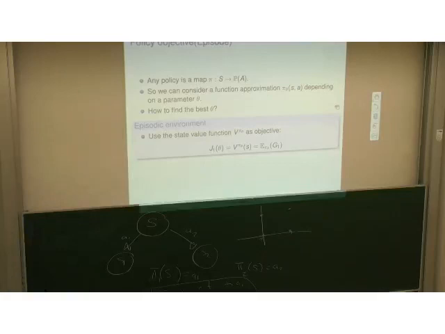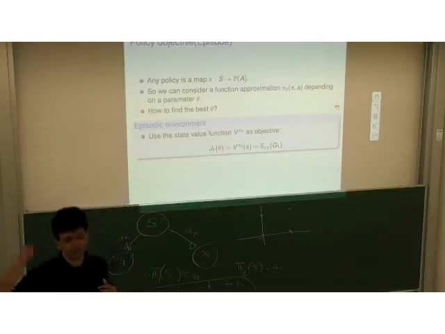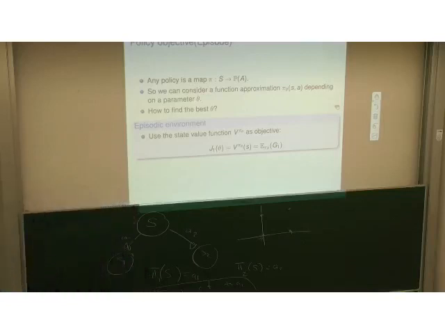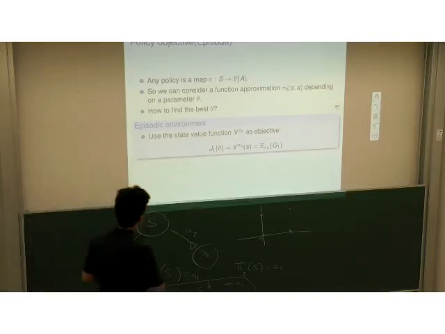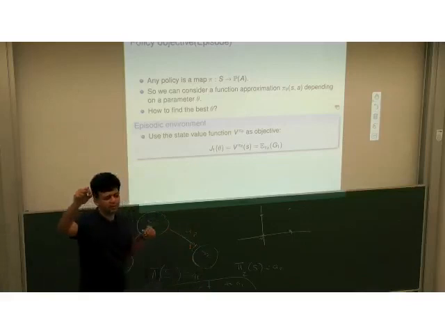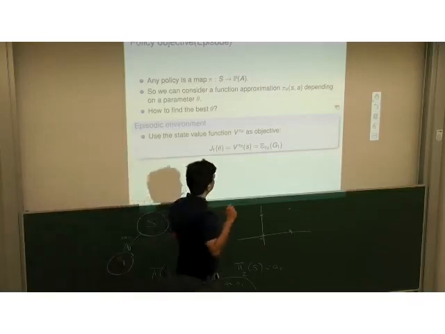One has to be very careful, because if your environment is what one calls episodic, if there are terminal states and you will hit them in finite time, or your goal is to hit a terminal state in finite time, like win a game or find the shortest distance or whatever, then you have to use something that takes the whole trajectory, the whole episode, into account. And so in these cases, a good objective function is the value function.